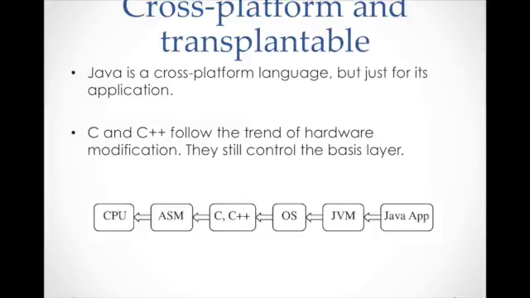This picture shows the relationship of a Java application and how it runs on the computer. If a Java application needs to run on a computer, it must rely on the language C and or C++.